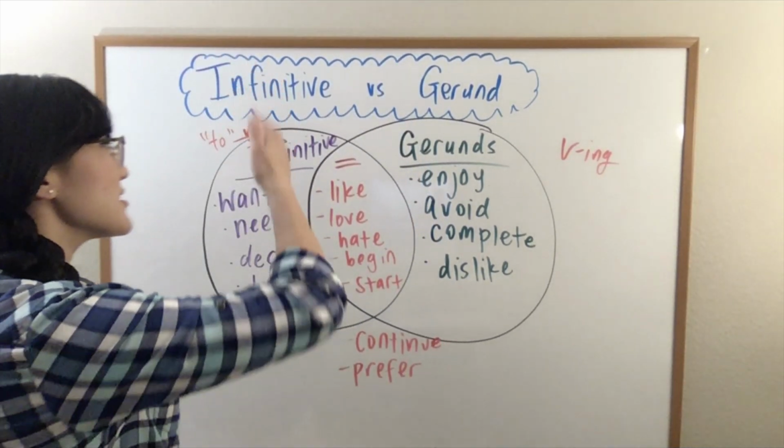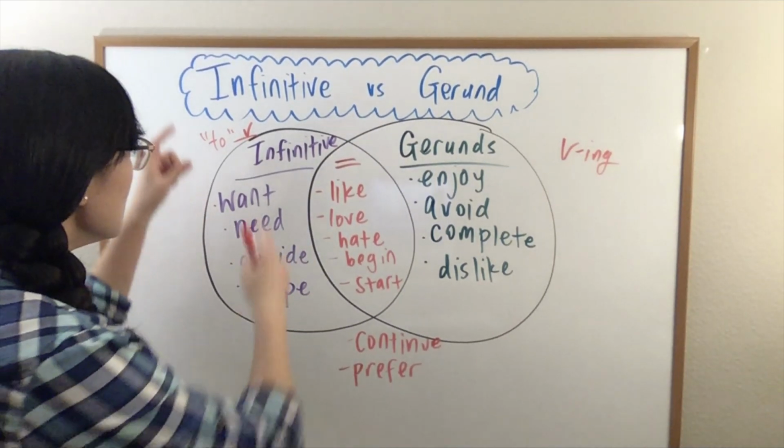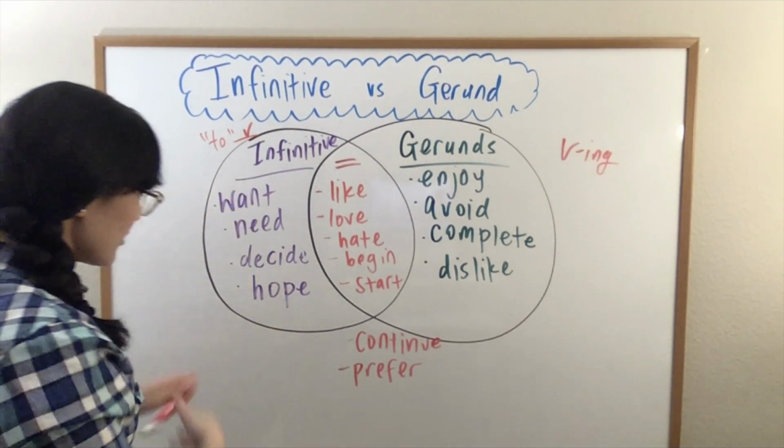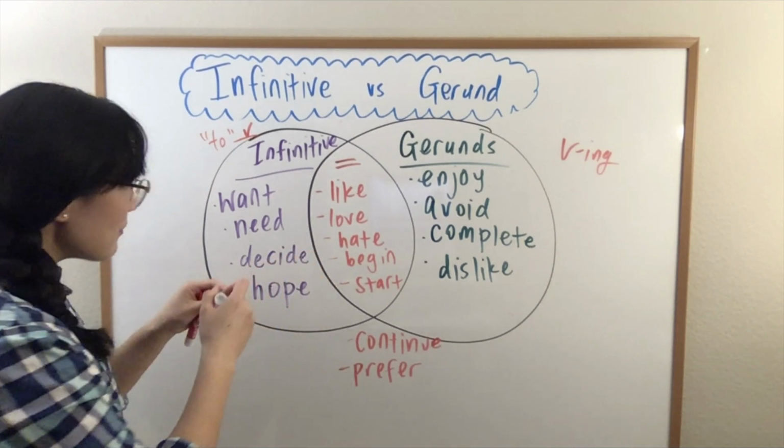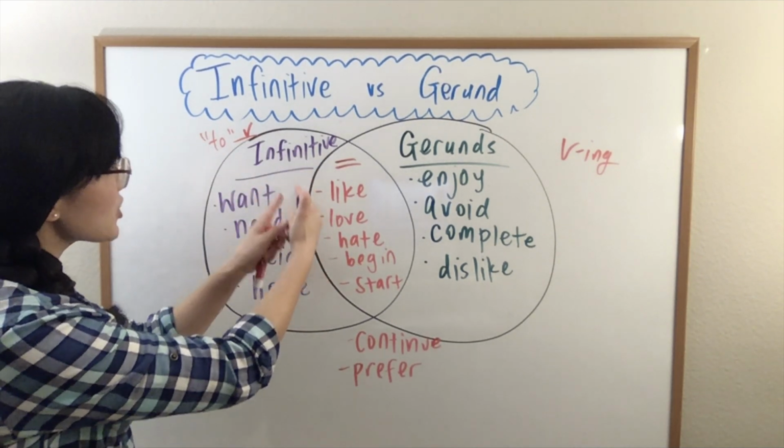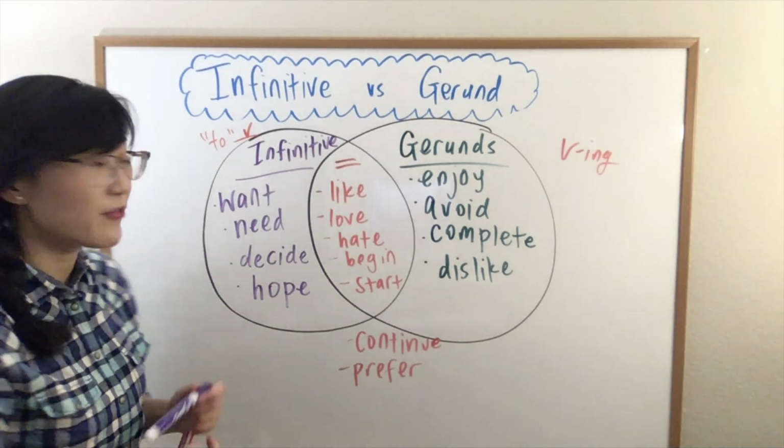So on this side, for the infinitives, remember, if you see this verb first, that means whatever follows will have "to" and then the verb, okay, for the infinitive.